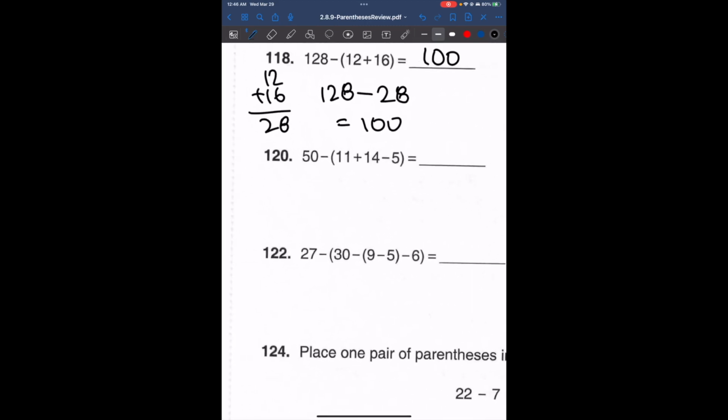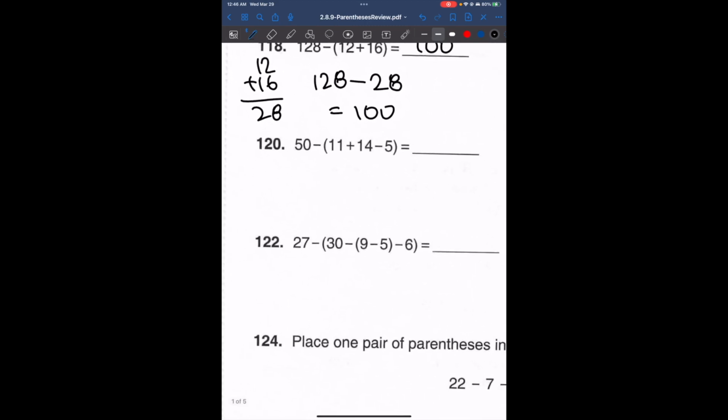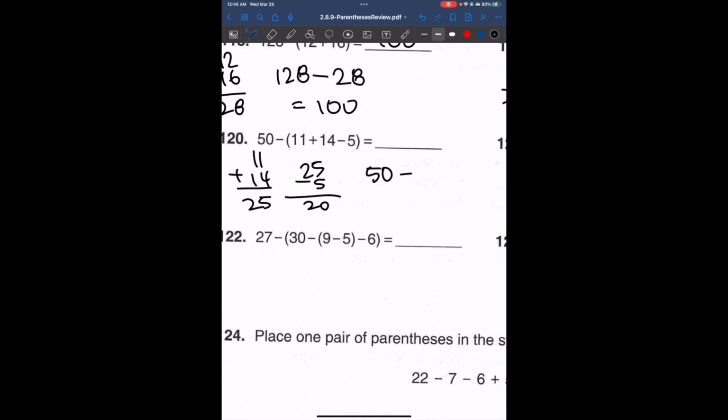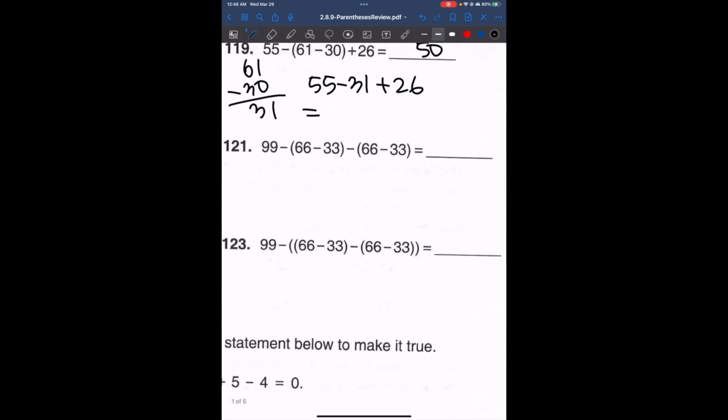Now look at problem 120. We have 50 minus three numbers in the parentheses, so we do that first. 11 plus 14 is equal to 25, and 25 minus 5 is 20. So we're doing 50 minus 20, and that gives us 30. Now we'll look at problem 121.